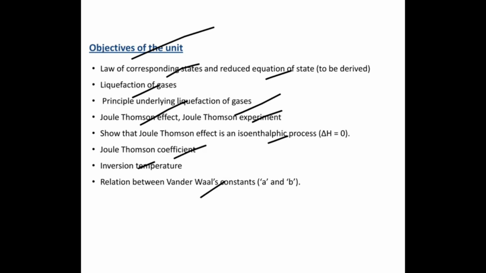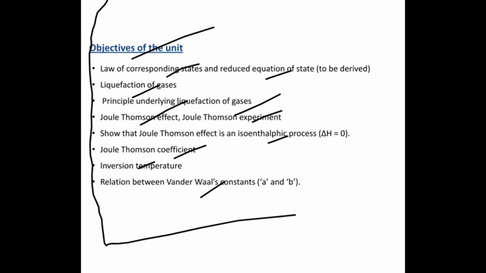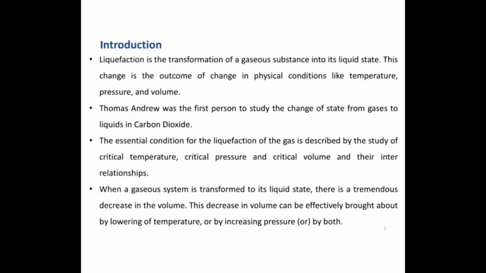Here we will also discuss critical temperature and critical pressure. This unit is basically with respect to liquefaction of gases, and there are 3 different types of liquefaction. We'll get into that.